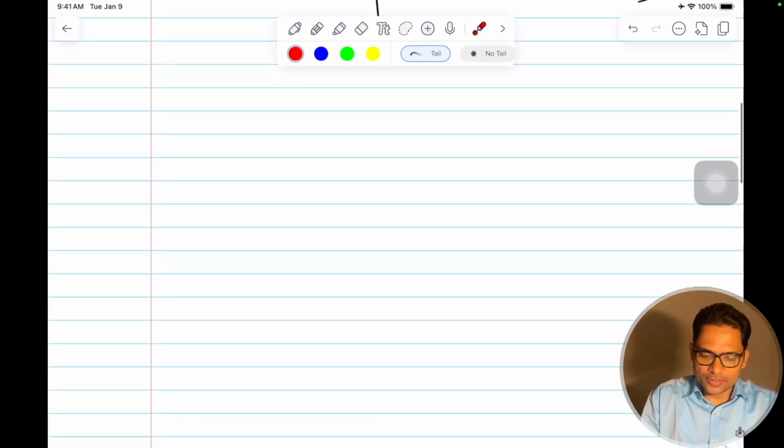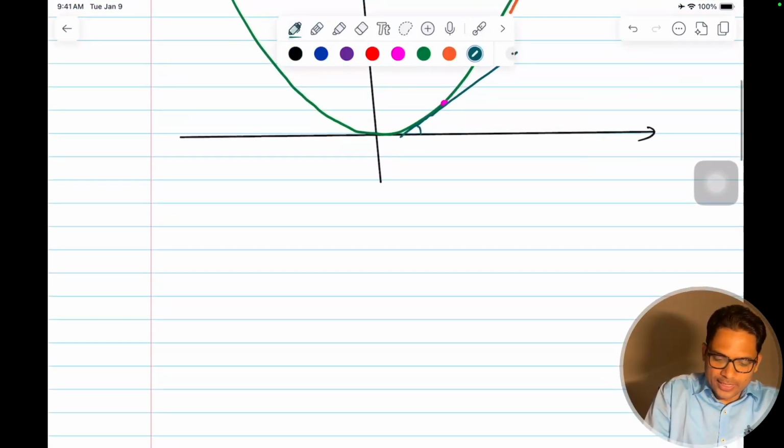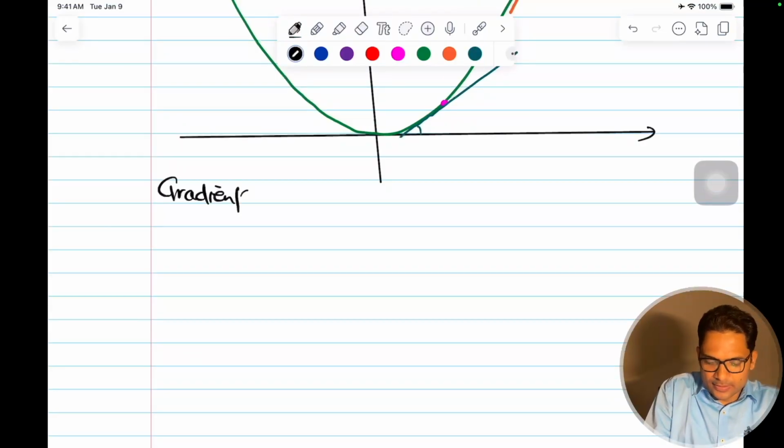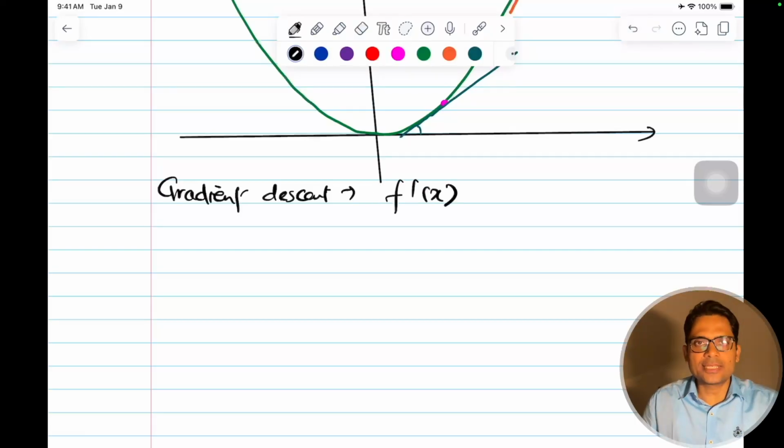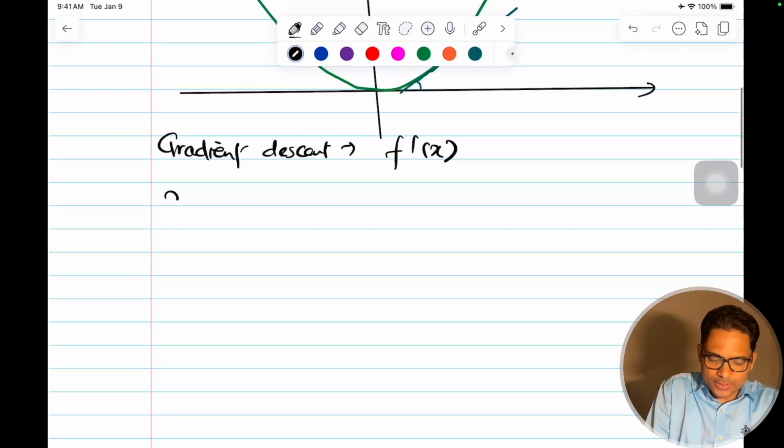As I mentioned in the last video, this is your gradient descent. Gradient descent uses only the first order derivative, f dash x. Newton's method uses the second order derivative.